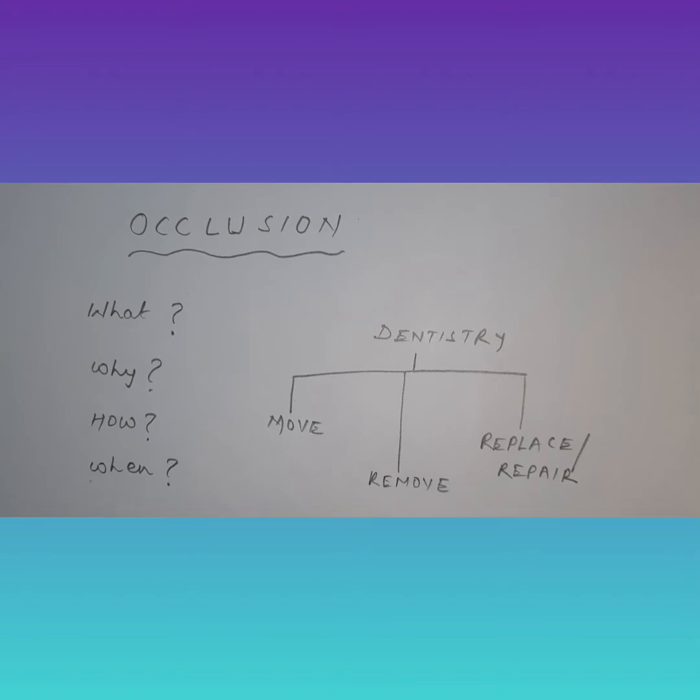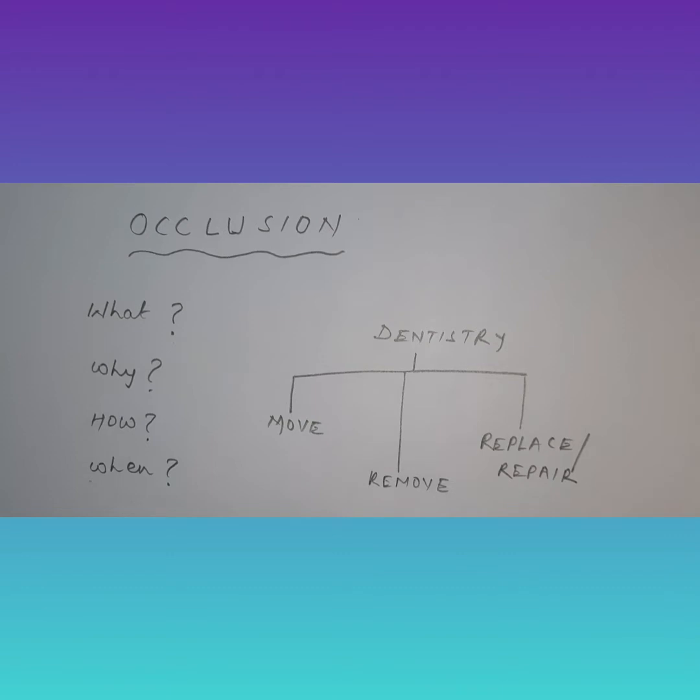And if we see the role of occlusion in dentistry, the entire dentistry revolves around three things, that is, move, remove, or replace or repair. Movement basically involves movement of teeth; orthodontists deal with that.